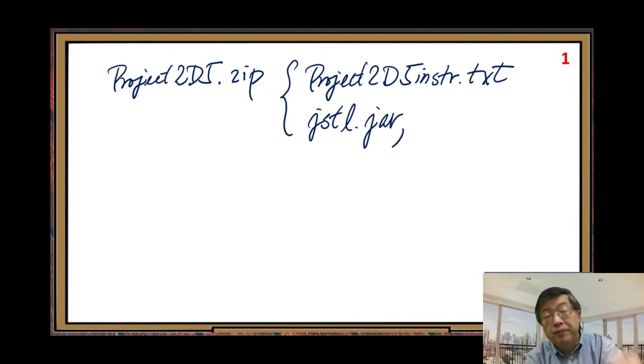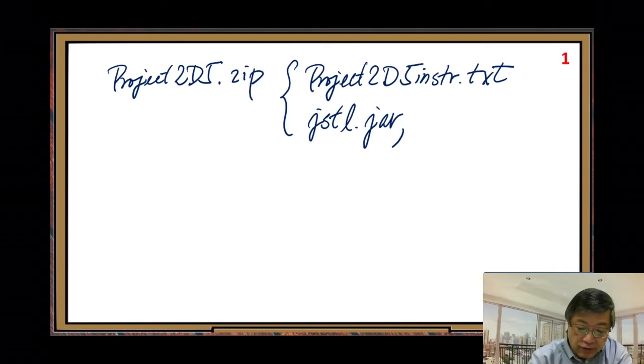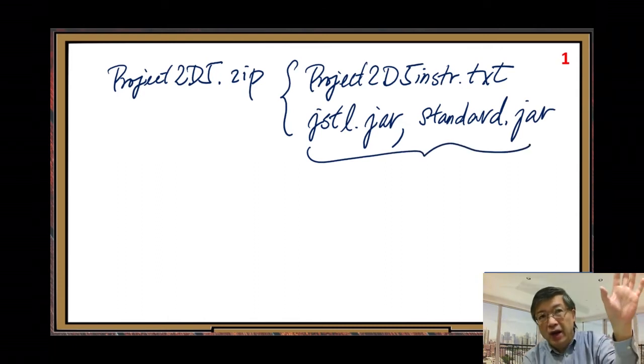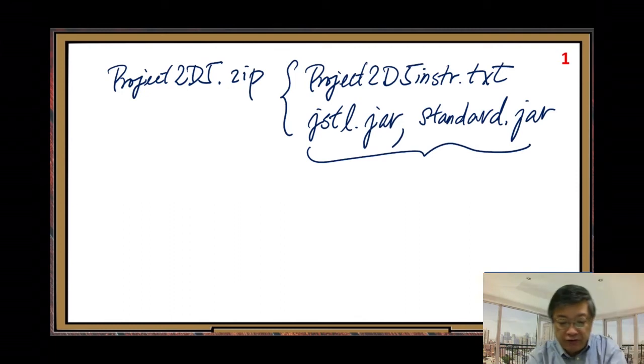Second, another one that we also need together with this JSTL, basically the supporting library file, called standard.jar. So these 2, we need to put in the lib folder inside WEB-INF. That is for JSTL.